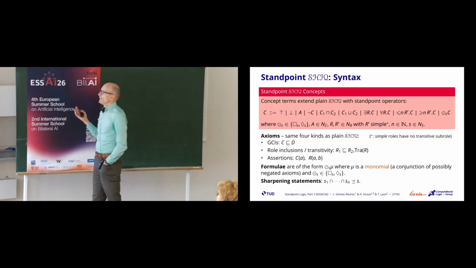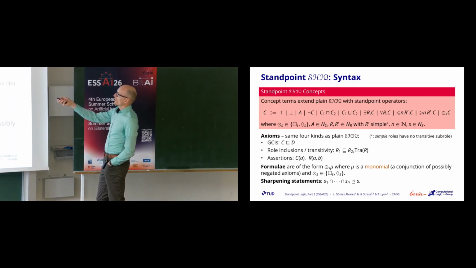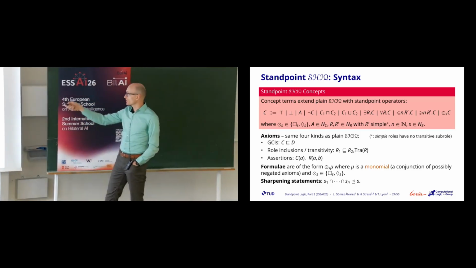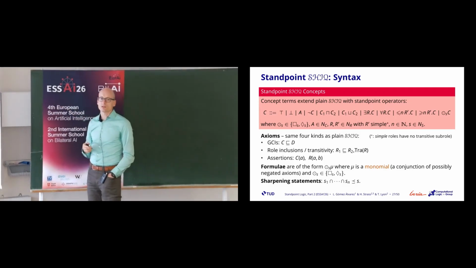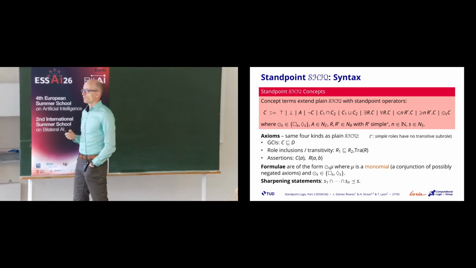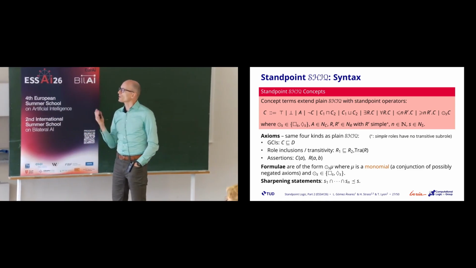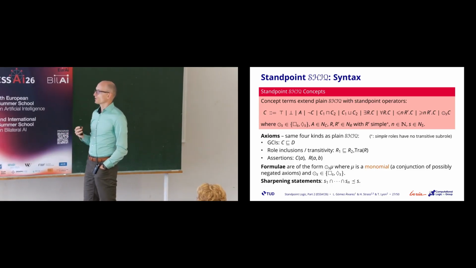The restriction is necessary because otherwise, if you allow transitive roles here, you get bad interactions between counting and transitivity, and this breaks decidability. Right? So this is a necessary restriction to keep this logic decidable, but nothing that is of major interest to us. I just wanted to explain what this simple here means.